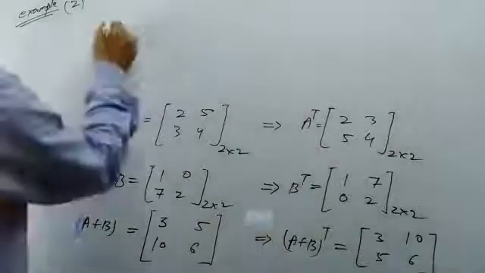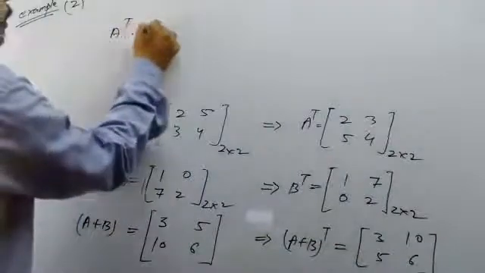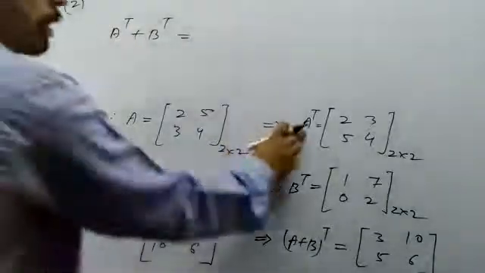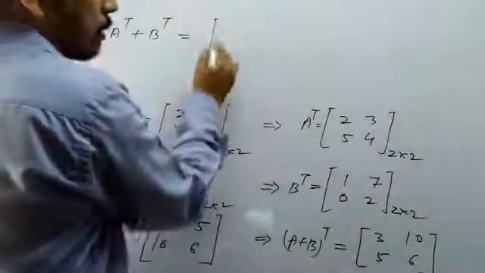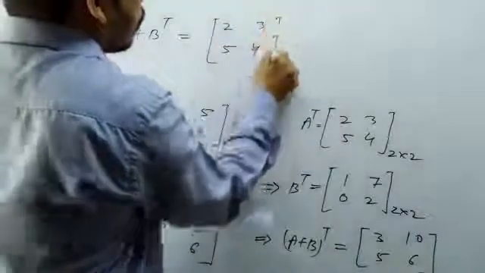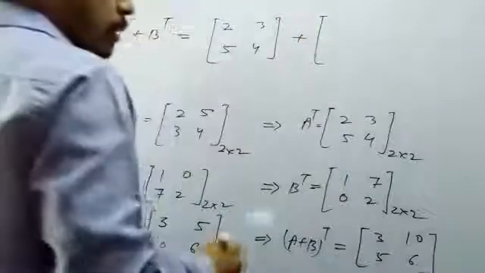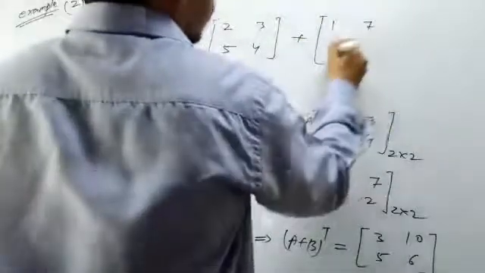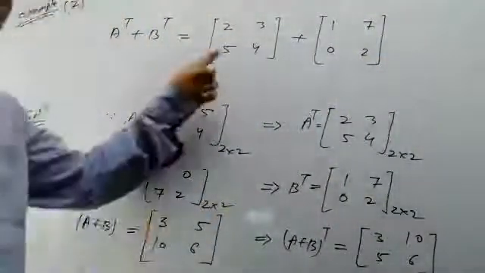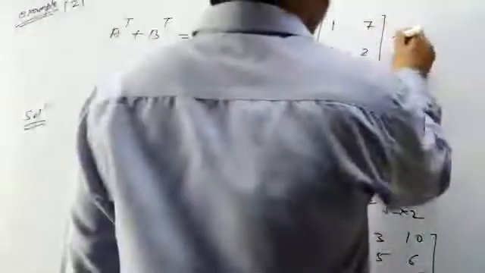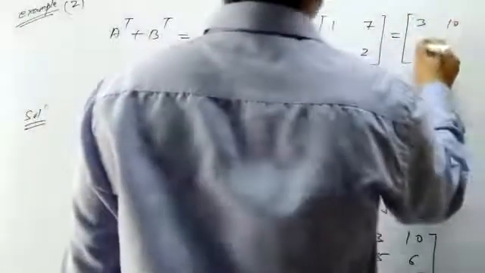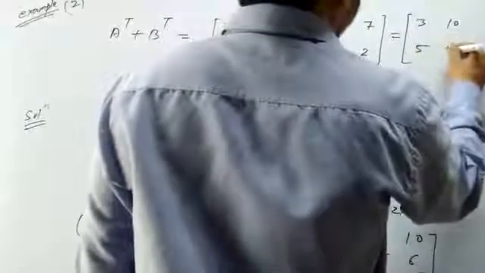Now add A^T plus B^T, that is A transpose plus B transpose. This sum is [2, 3; 5, 4] plus [1, 7; 0, 2], which is equal to 2 plus 1 is 3, 3 plus 7 is 10, 5 plus 0 is 5, and 4 plus 2 is 6.